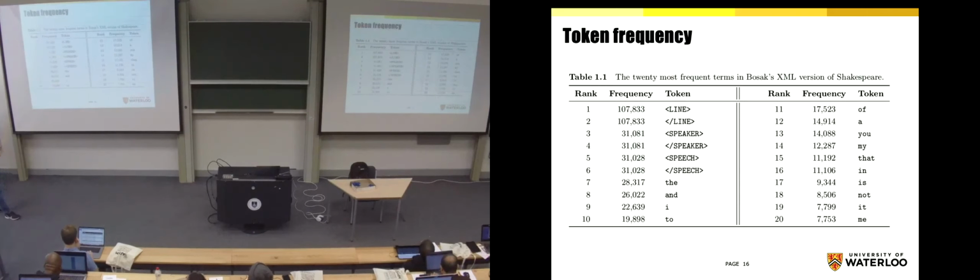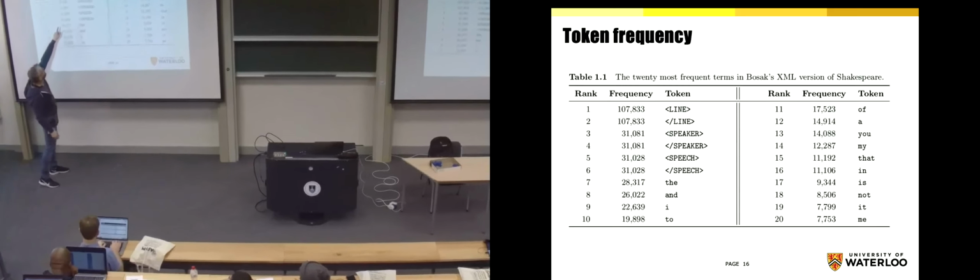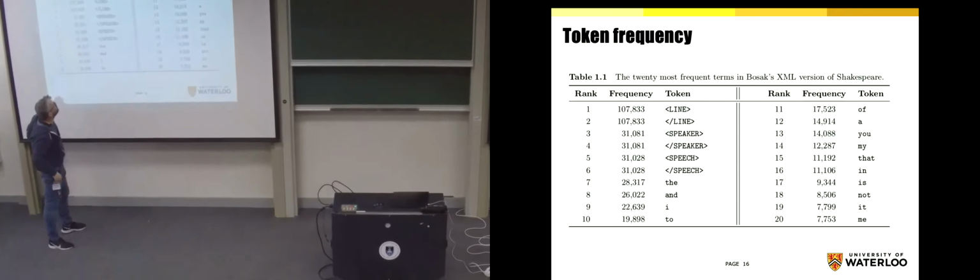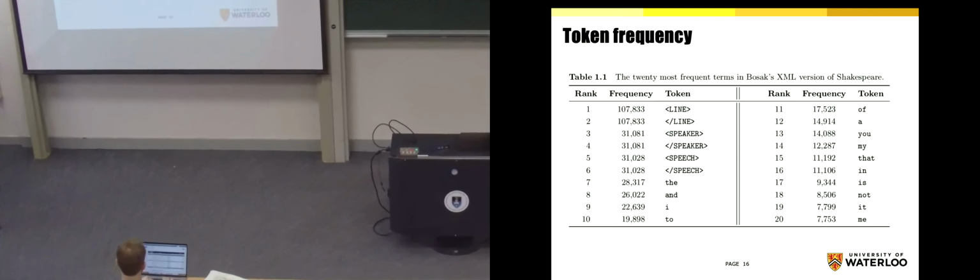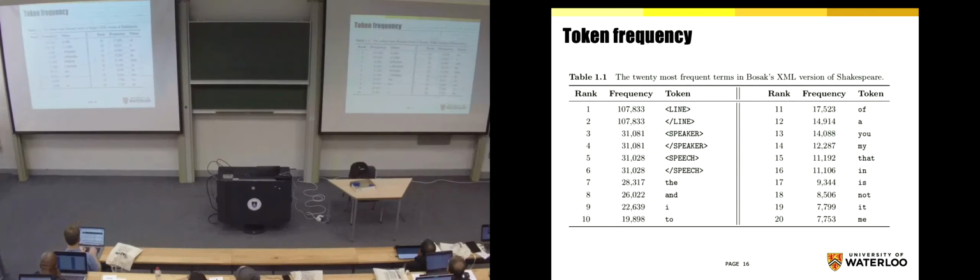There are 107,833 lines of text and 31,081 different speeches, essentially, right? For some reason, the speakers and the speeches don't match. There are some odd things in there. I think multiple speakers say the same thing.